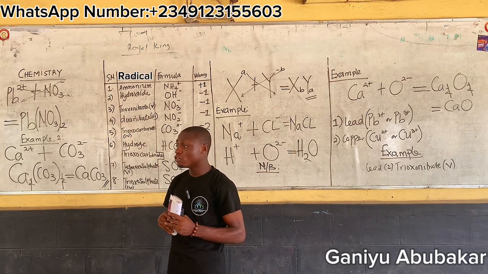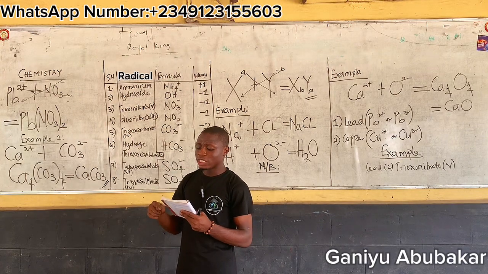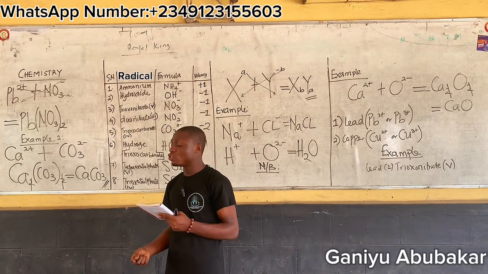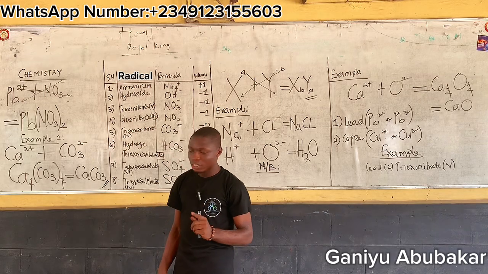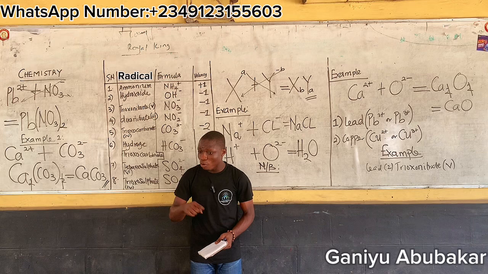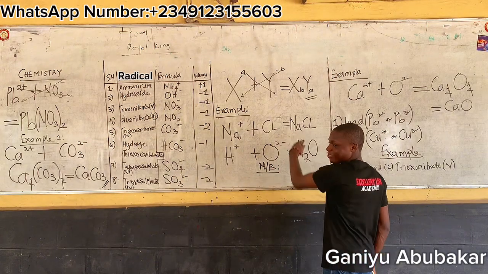Atomic number 11. Sodium. Yes. And B is an element with atomic number 17. That's what there? Chlorine. So, without even solving, what am I expecting? Sodium chloride.